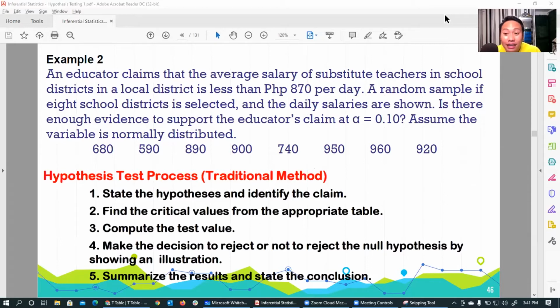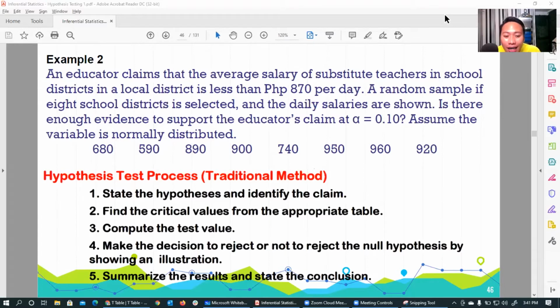The alternative is less than 870. Very good. And you're already correct, Richard, when you say the claim is the null hypothesis. The claim here in this problem is the null hypothesis. So combine your answer that the claim is the null hypothesis plus the answer of Pia, Francine. You guys are doing great.